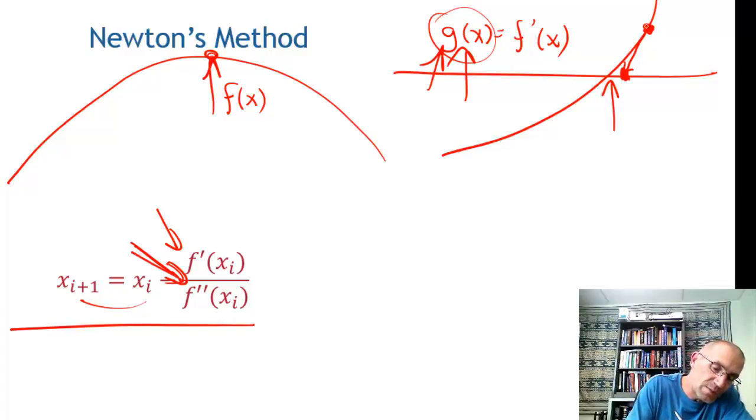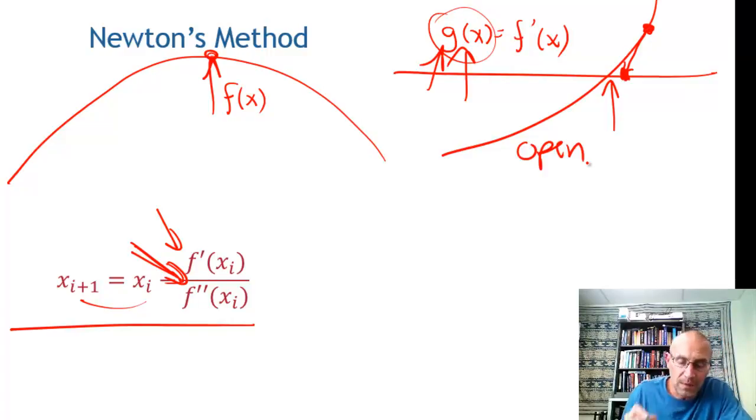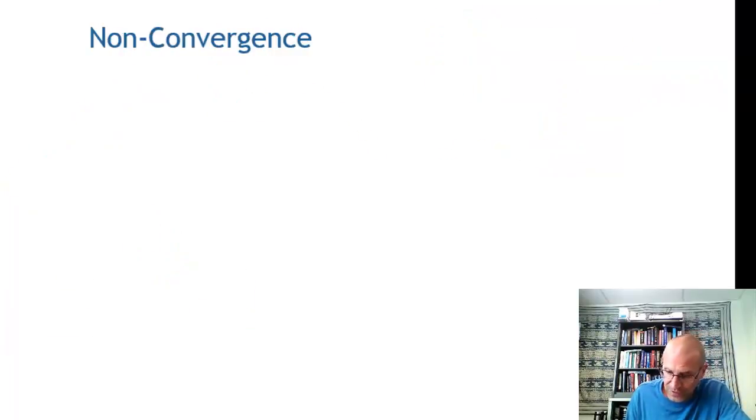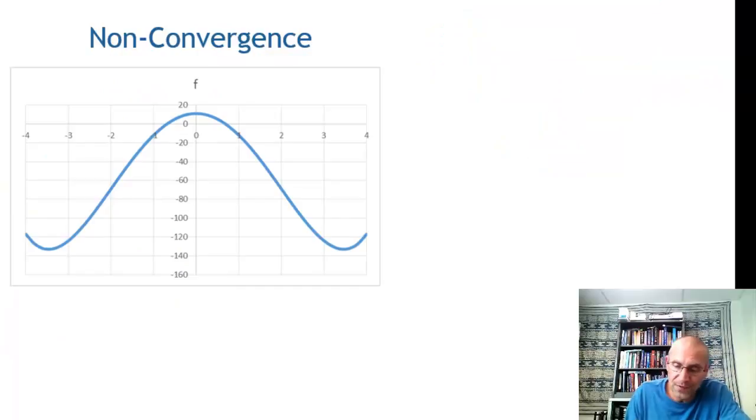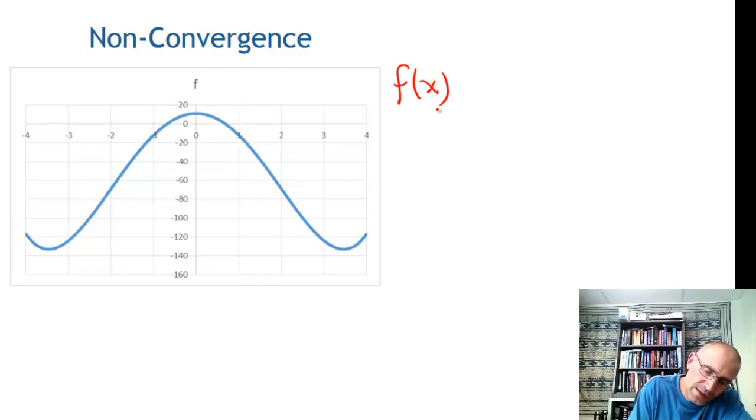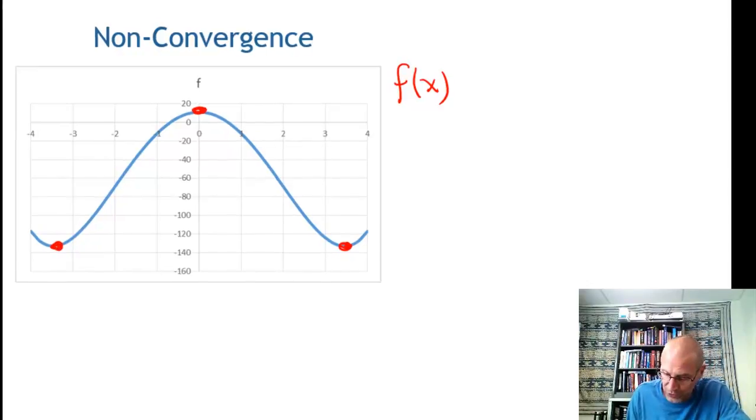The other thing with Newton's method, remember this is an open method, which means that it's not bounded. I'm not dictating an upper and lower bound, and one of the problems with that could be non-convergence. And so, for example, if this is my function here, f of x, and I'm trying to find the maximum or minimum of it, well, I've got one right there, I've got a minimum right there and right there. Newton's method will go ahead and find any of those points depending on where you're starting.